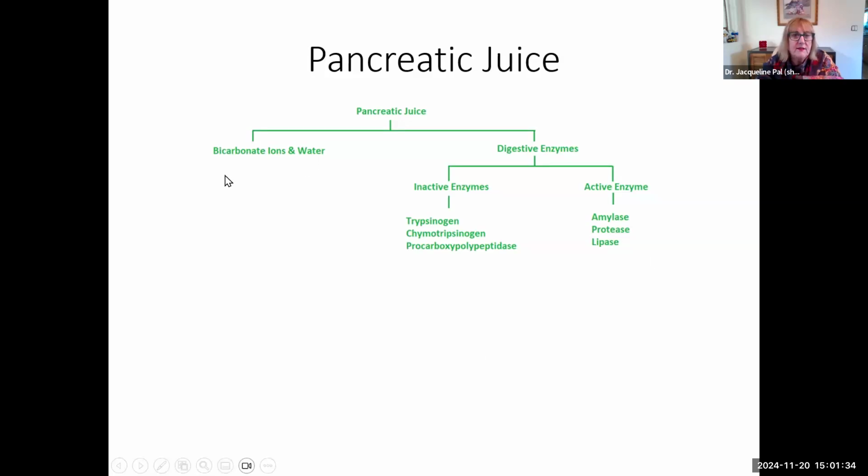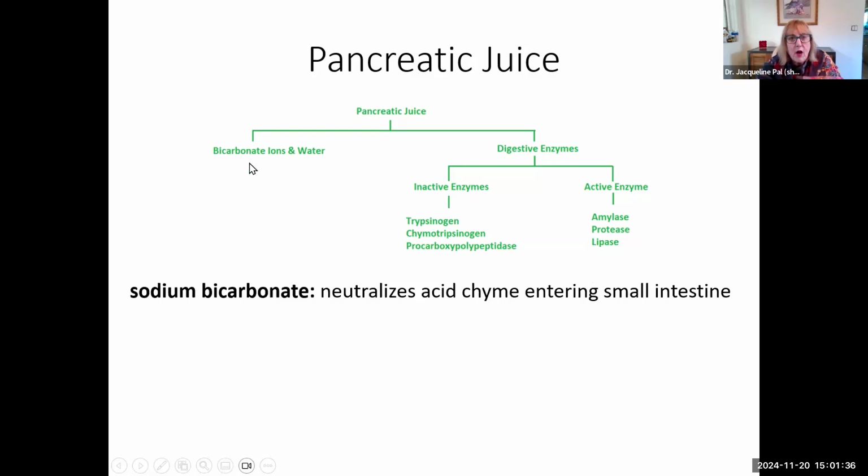So here's what's in pancreatic juice, over here on the left side. Bicarbonate ions and water. So bicarbonate, the whole point of that is bicarbonate has a negative charge. So it has a very high pH.